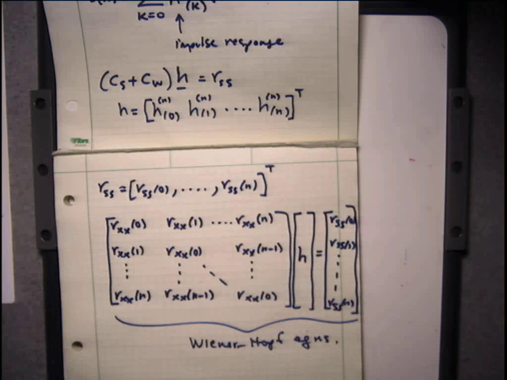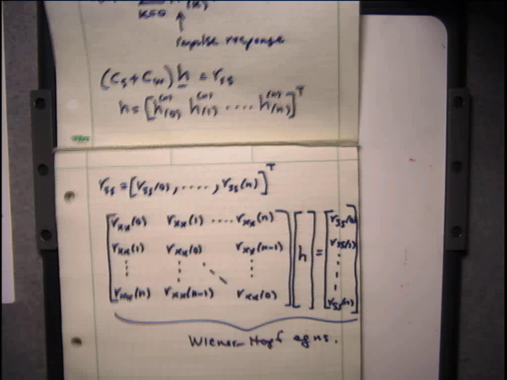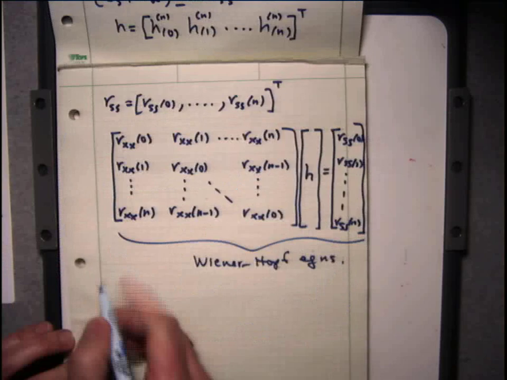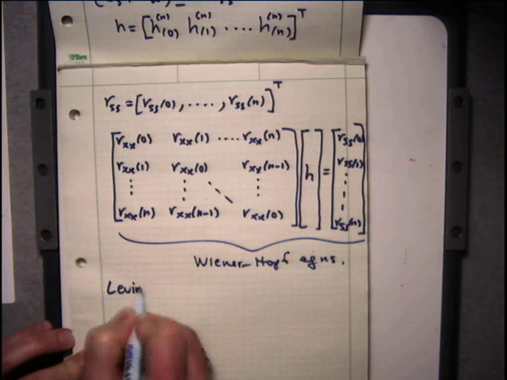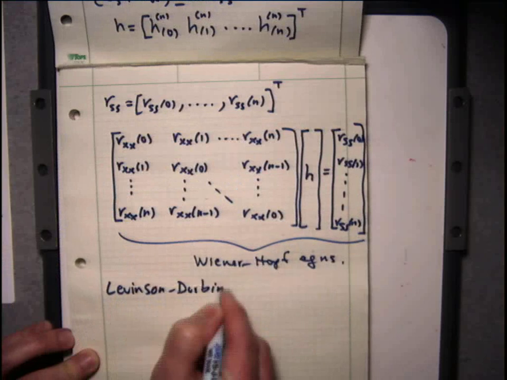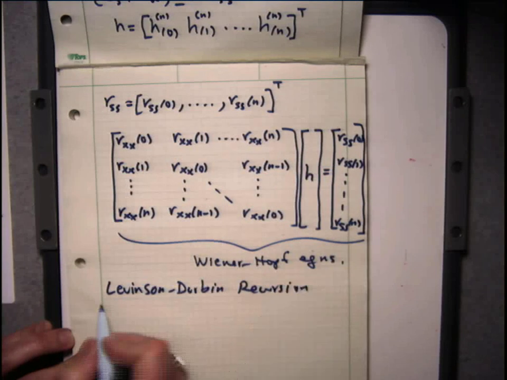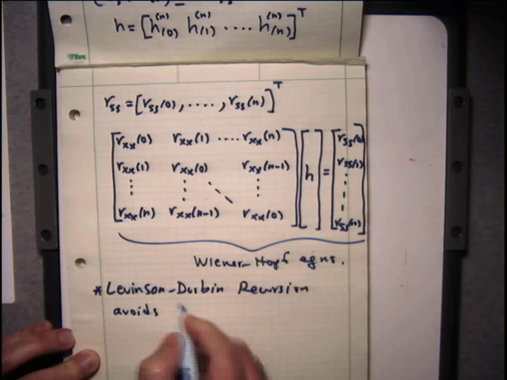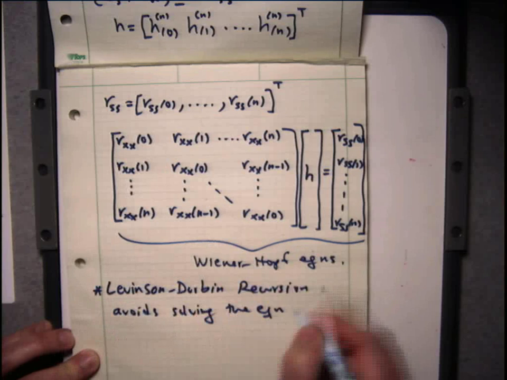Now, people don't do it every time. There's been a lot of work done to try to increase the efficiency of this process. And although I won't talk about it in much detail, there's something called the Levinson-Durbin recursion. This basically avoids solving the equation every time.